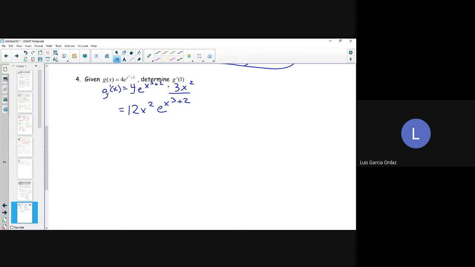Now, I need to determine g prime at 1. So all I'm going to do is sub in 1 for x in my derivative. So I get 12 times 1 squared times e to the power of 1 cubed plus 2. So I get 12 times e to the power of 1 plus 2, which gives me 12 times e to the 3. So my derivative evaluated at 1 is going to be 12e cubed.